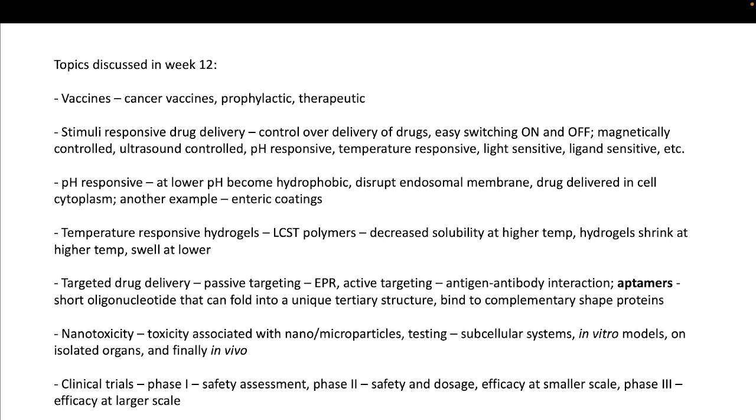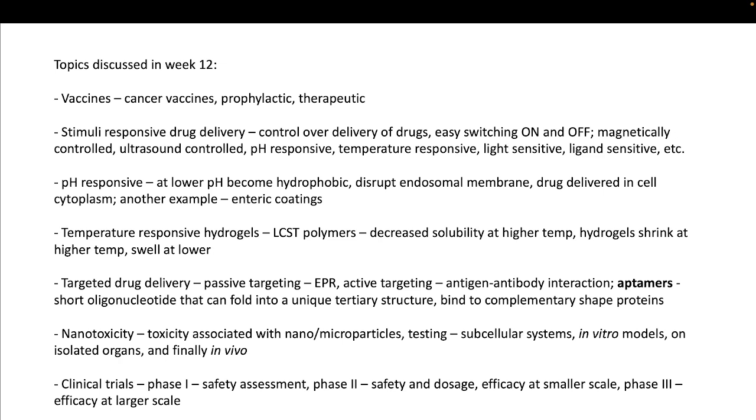Similarly, temperature responsive hydrogels. Here we use some specific polymers known as LCST polymers. We will discuss more about this in the questions as well. These polymers are special: if you have a normal polymer and you heat it, its solubility will increase. In contrast, LCST polymers are special because as you heat them up, as you increase the temperature, their solubility actually decreases.